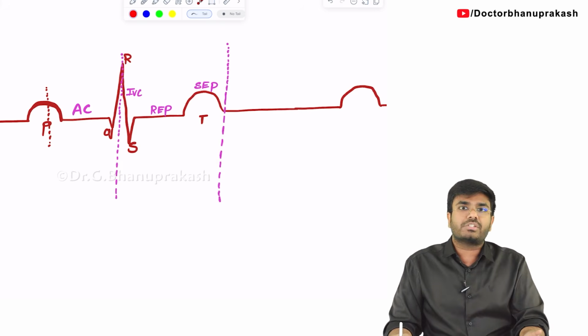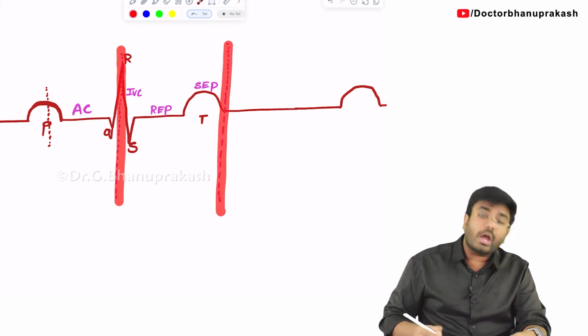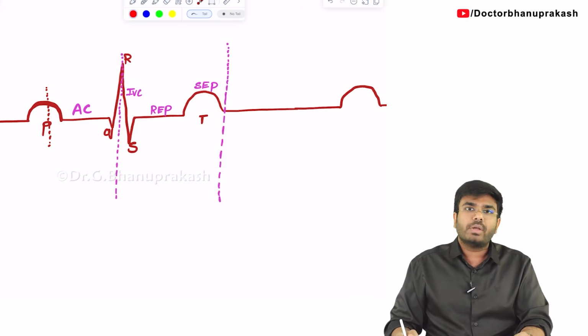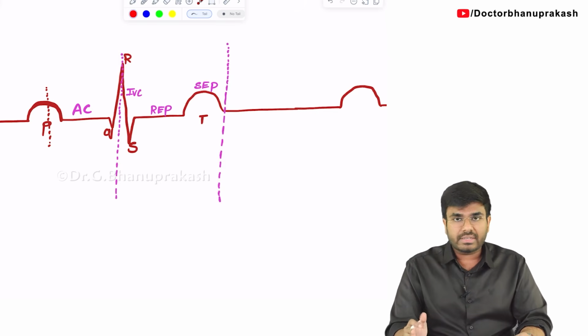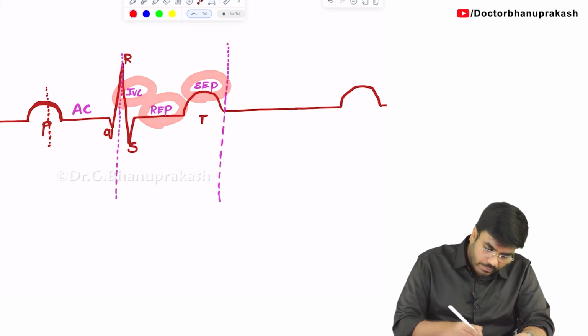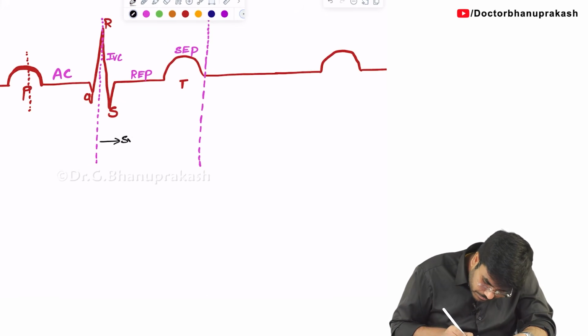No, ventricular depolarization. From the middle of the R to the end of the T, all this area the ventricle is contracting: first isovolumetric contraction, rapid ejection phase and slow ejection phase. All this area is your systole.